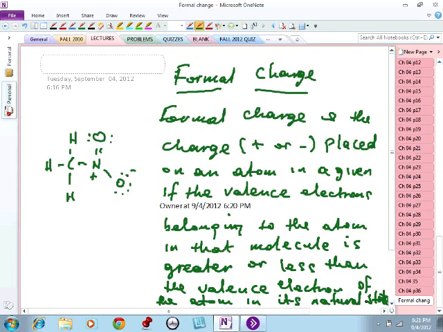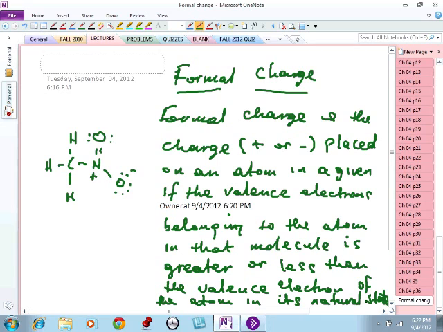Supposing I ask you, how many valence electrons does oxygen have in its natural state? 6, right? Okay. How many valence electrons does nitrogen have in its natural state? 5.